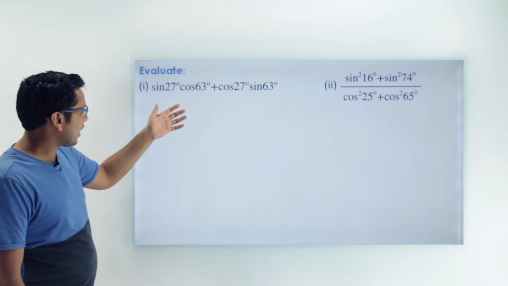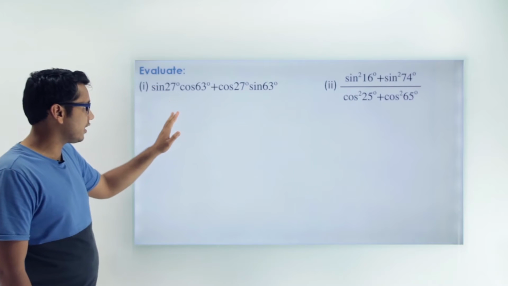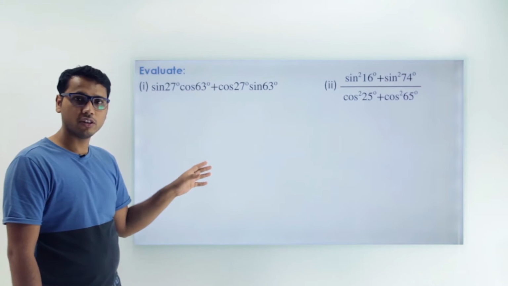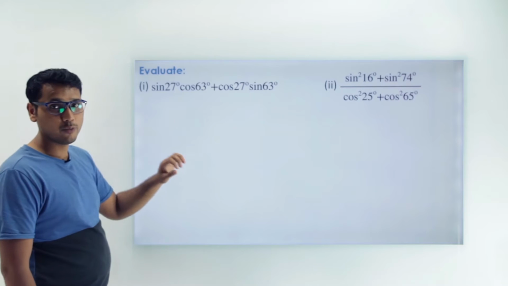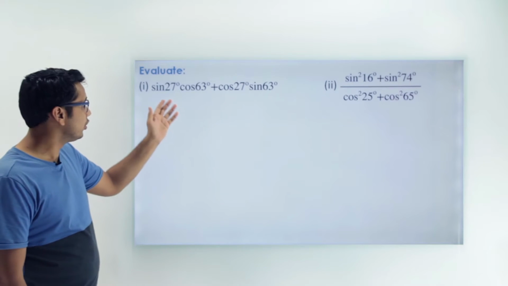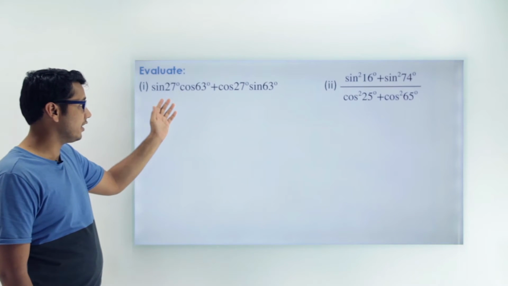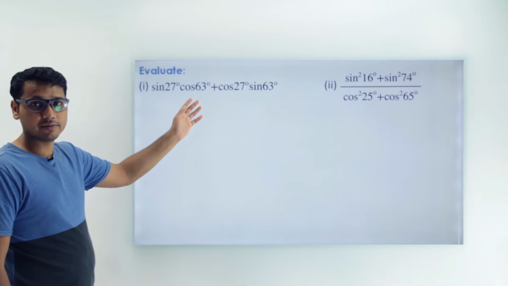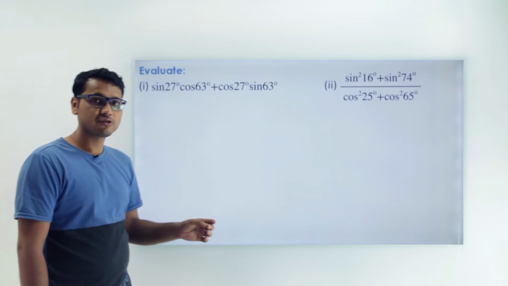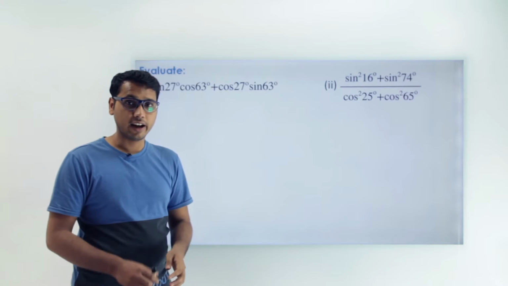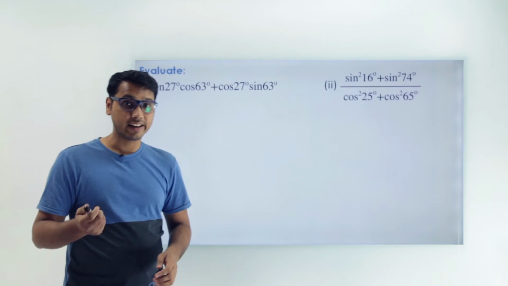By looking at this expression, we can't put the values from the tables into it, since we don't know the values of sine 27 and 63 degrees. So we have to think of something else.